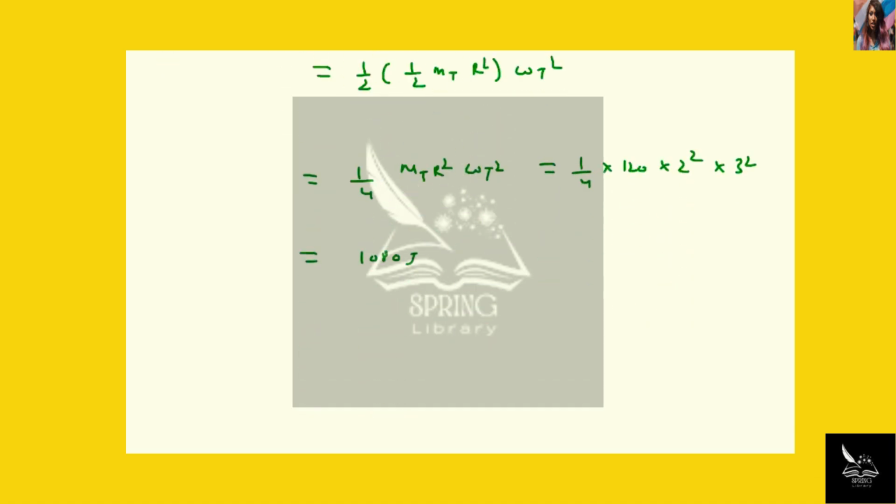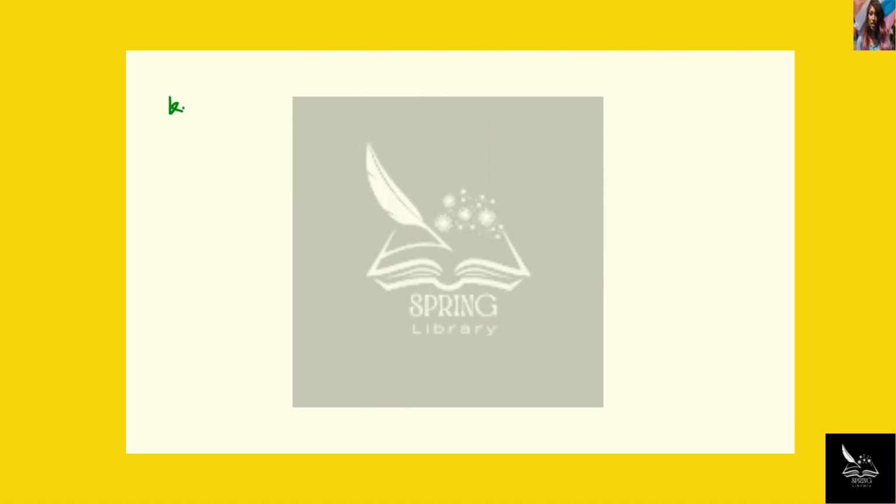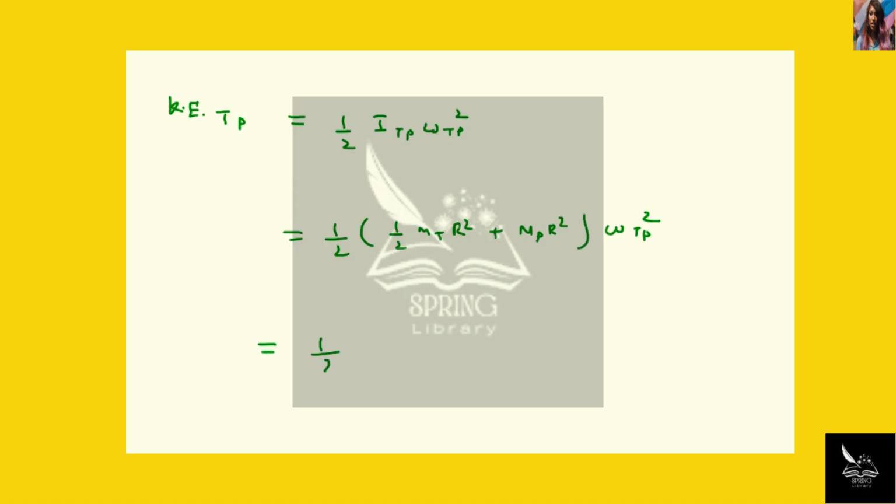Now I can write the value of kinetic energy TP. Kinetic energy TP is equal to 1/2 I_TP omega_TP square, which is equal to 1/2 multiplication (1/2 m_T multiplication r square plus m_P multiplication r square) omega_TP square. So this value will be equal to 1/2 r square multiplication (1/2 m_T plus m_P) multiplication omega_TP square.